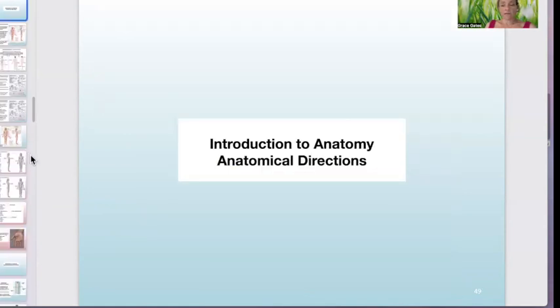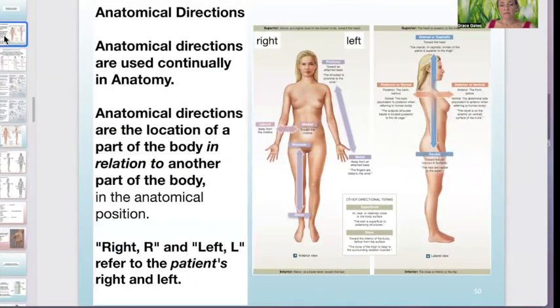So moving on to anatomical directions. Anatomical directions are used continually in anatomy. And an anatomical direction is the location of a body part in relation to another part of the body, always in the anatomical position. Right and left refer to the patient's right and left, right? Not our right and left.